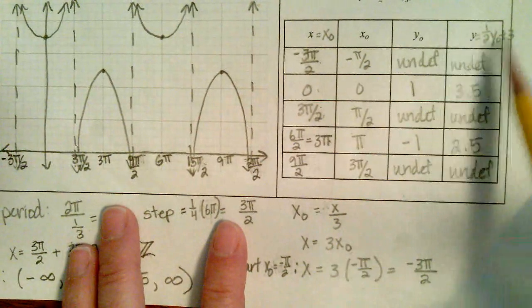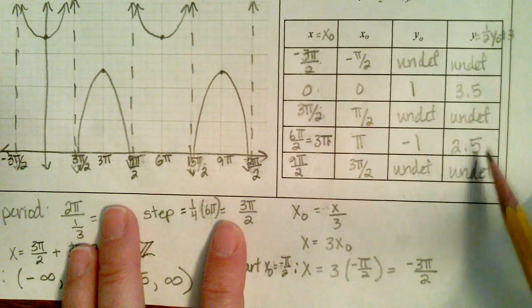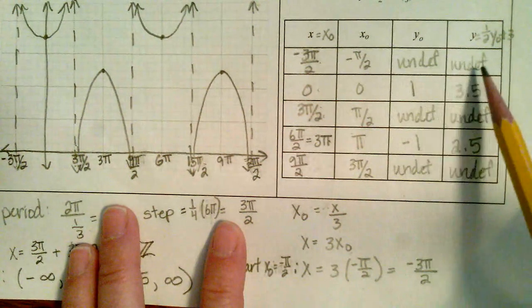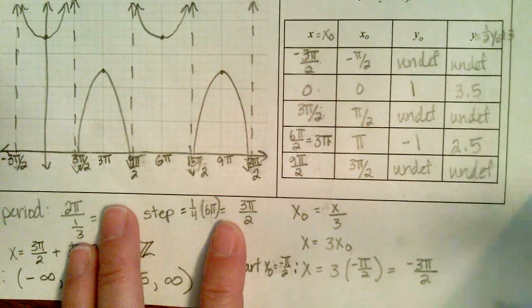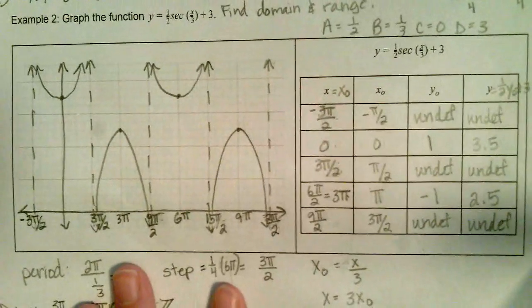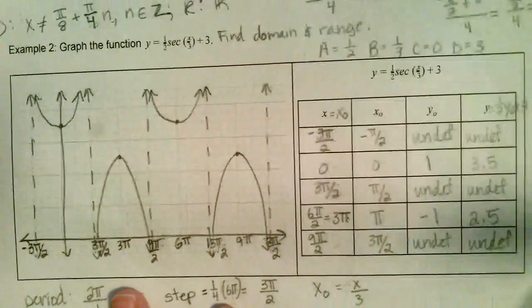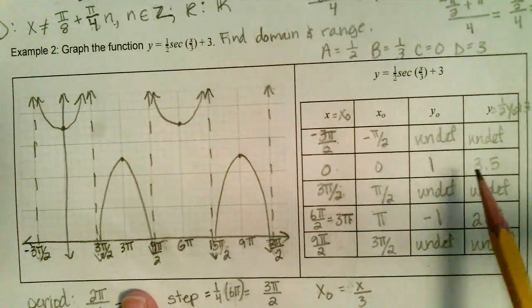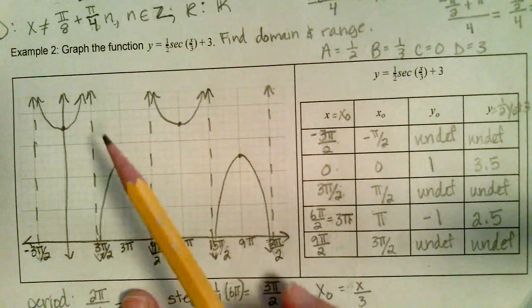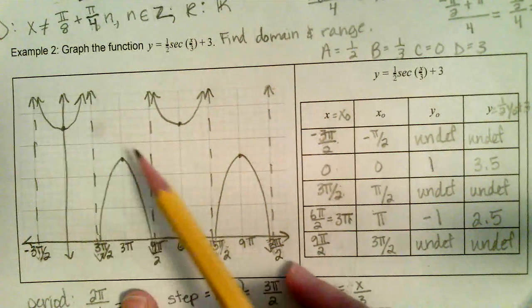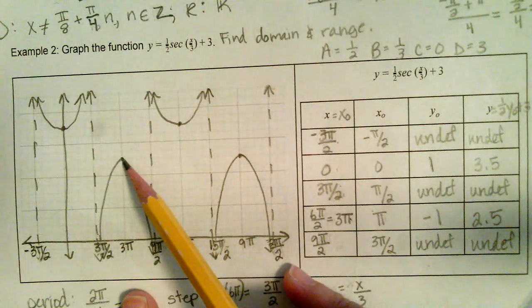I think the vertical transformations are pretty easy for people. Again, you need to remember anytime you multiply something by something that's undefined, it stays undefined. When you are graphing the secant and cosecant graph, I plotted 3.5 at 0, and at 3 pi I plotted 2.5.